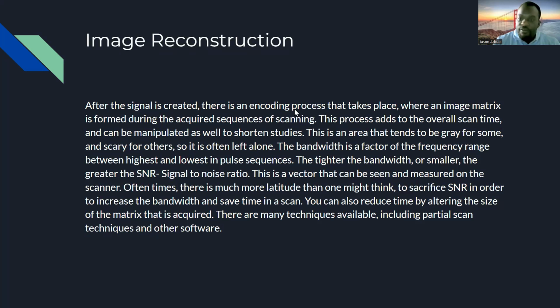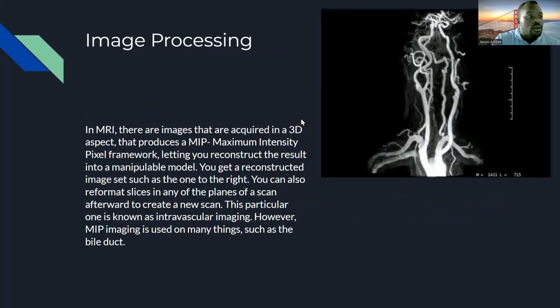And then the image itself is actually created in a pixelated format on a grid. And just like with a television, you have pixel size that determines your resolution. You can adjust this. Encoding the image to this takes time, so you can adjust how that's encoded to shorten your scan time. And in that process, you'll have reformatting such as this.